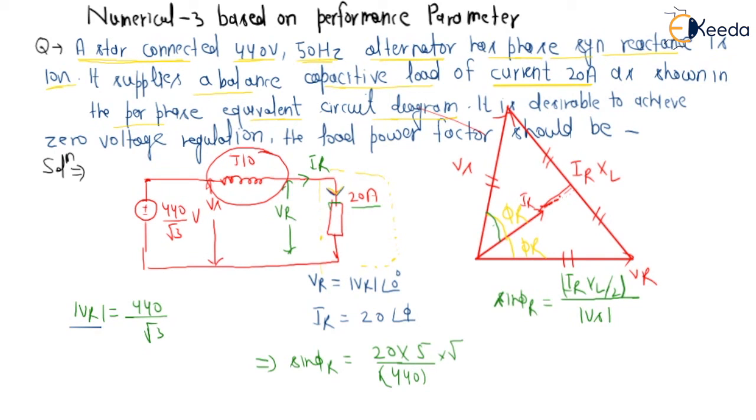When you solve this, sine phi r is equal to 20 into 5 into root 3 upon 440.